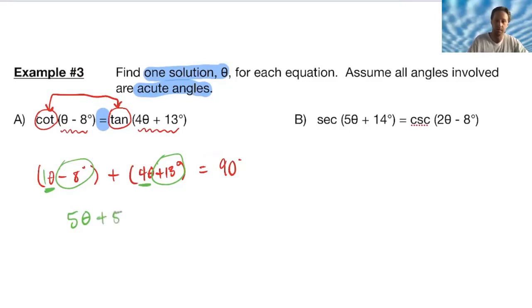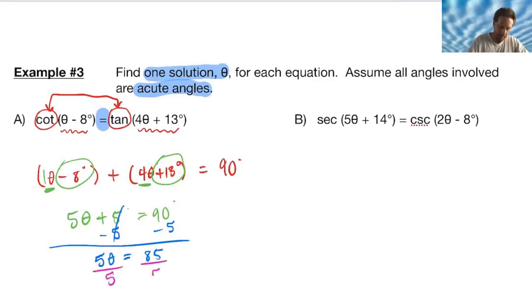That's a total of 5. And now I can take that and solve this equation by first subtracting the 5 over, and then dividing by 5 to get my 1 theta.